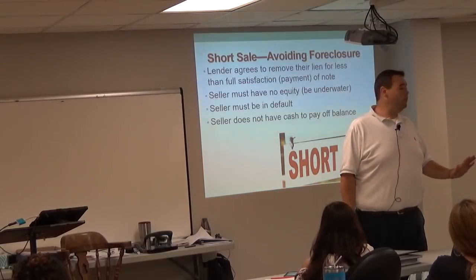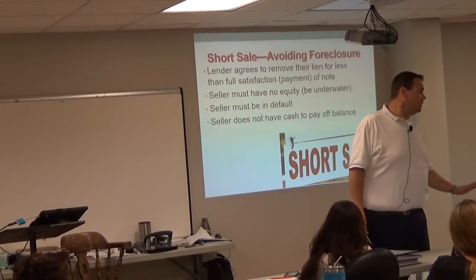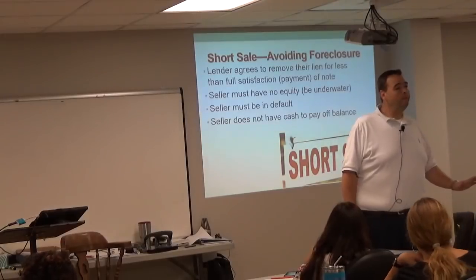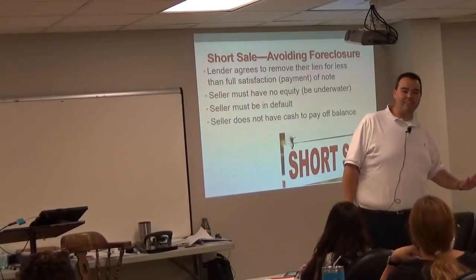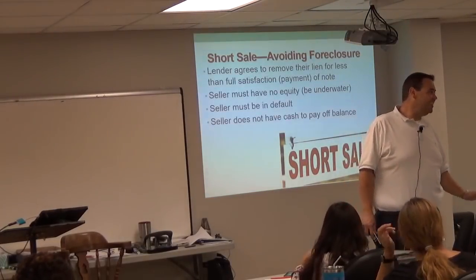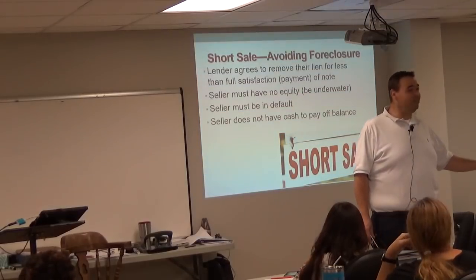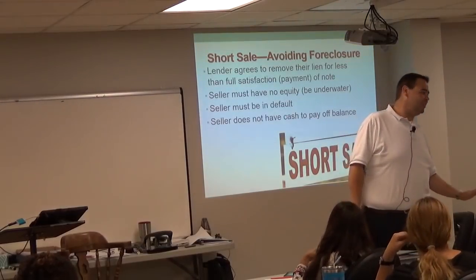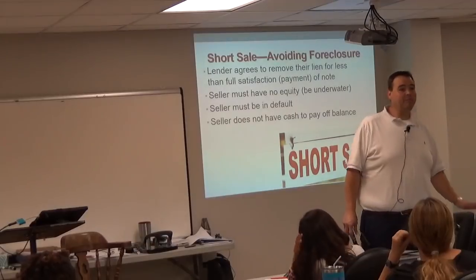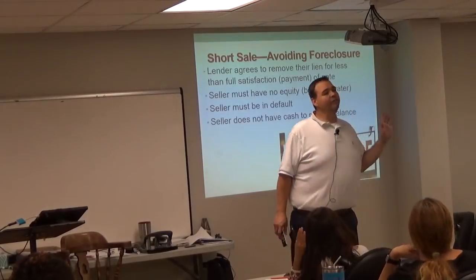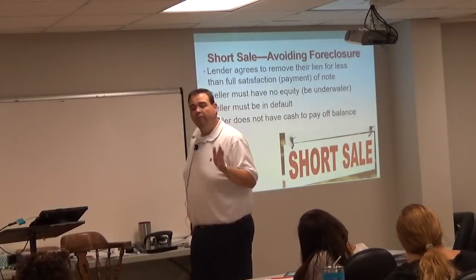Now, neither of those is a good outcome. Would you agree with that? No way. But is there one that is obviously better than the other? I mean, if you've got to choose one or the other, which one are you choosing? The hammer. The short sale is the hammer.